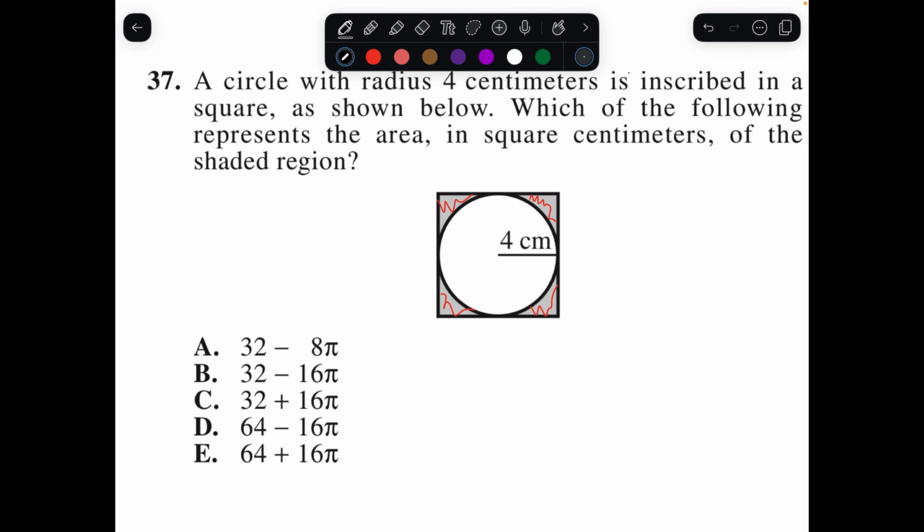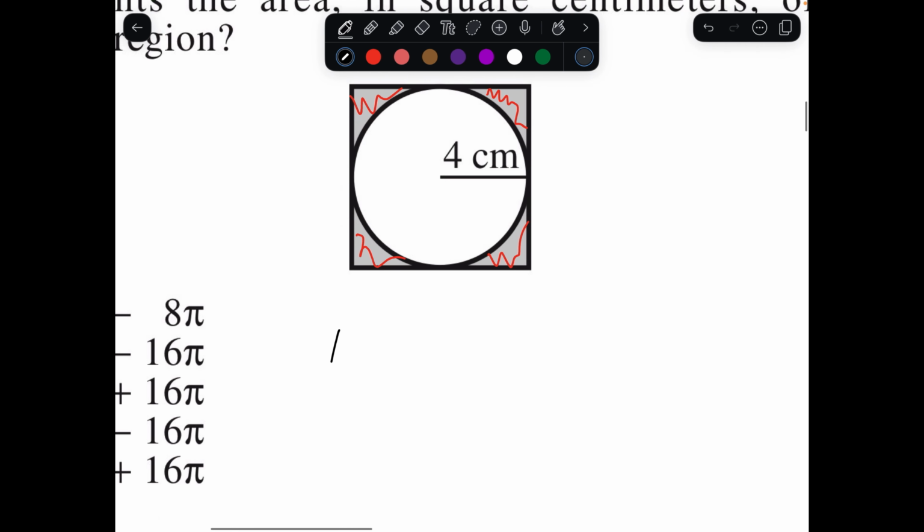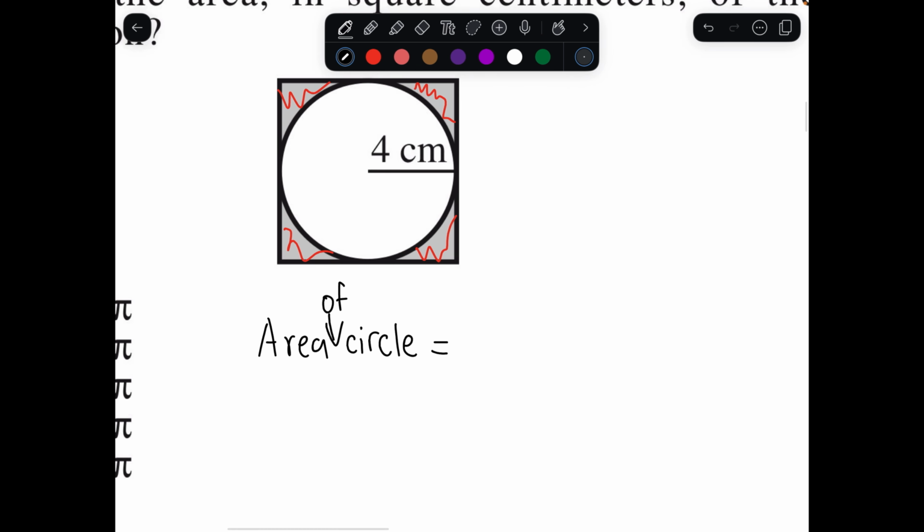So it looks like that to find the area of the shaded region, you're going to find the area of the square, right? And subtract the area of the circle from that. So to find the area of the circle, we're going to use the formula pi r squared.